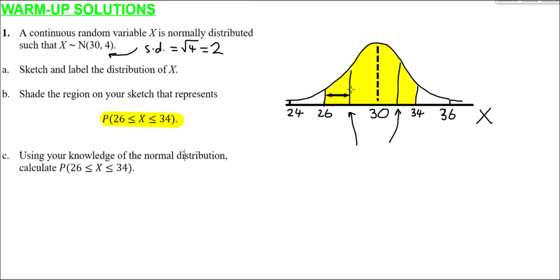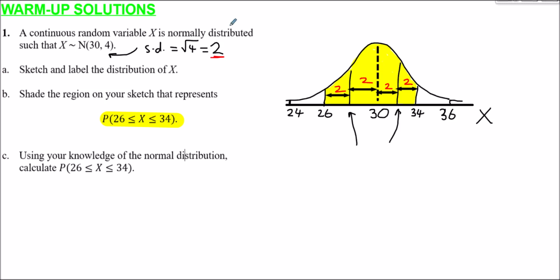This is a gap of 2, and that's a gap of 2. Now 2 is the standard deviation. So 26 is 2 standard deviations away on the left, and 34 is 2 standard deviations away from the mean on the right.